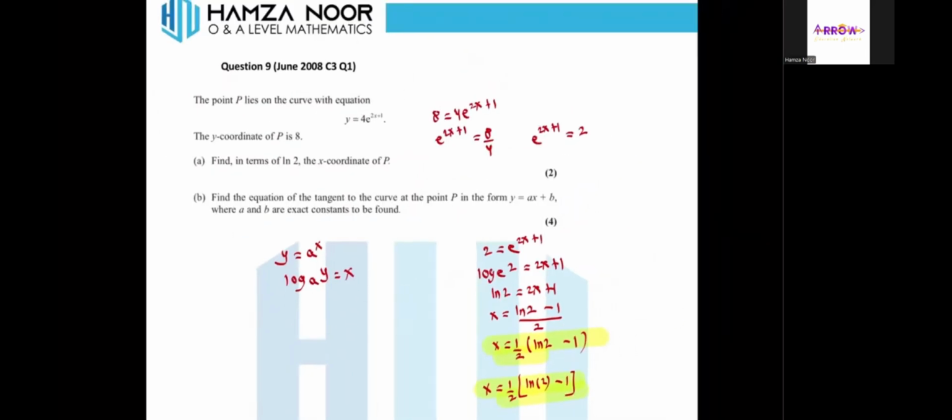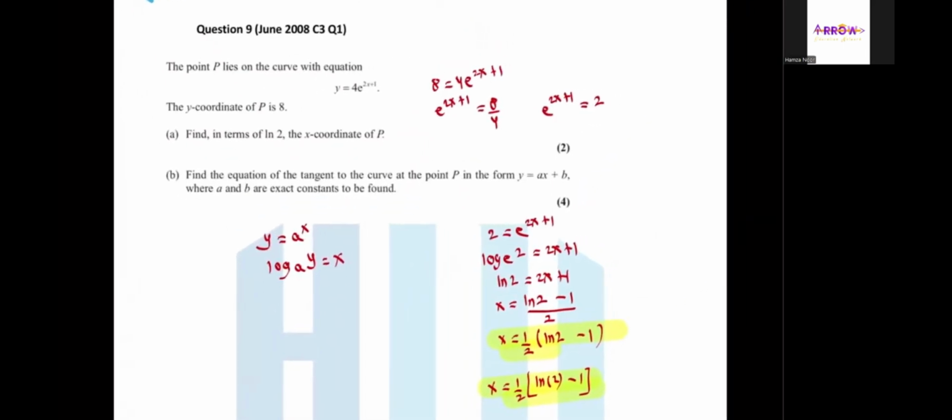So this was basically the requirement of part A. We needed to find in terms of ln 2 the x coordinate of P, meaning we needed an exact form here. My purpose is to explain the question in as much detail as I can in the time I have available. So this was the requirement of part A.